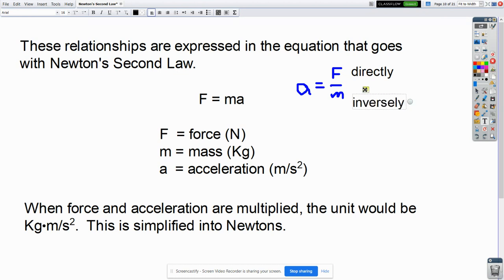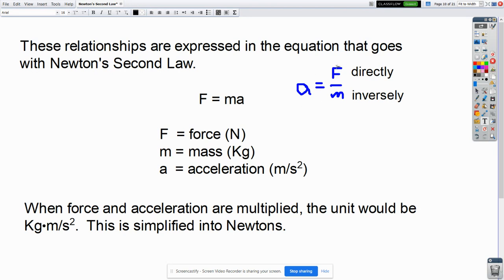If a variable is in the denominator of an equation, it is an inversely proportional relationship. And here we see mass in the denominator of this equation, indicating that the acceleration and the mass are inversely proportional. If I doubled the mass while leaving the force the same, that would cut my acceleration in half.